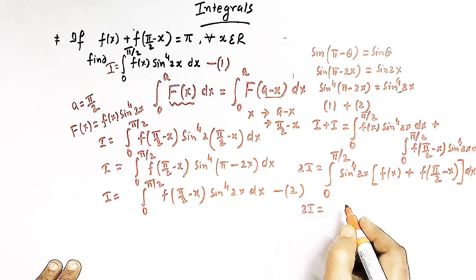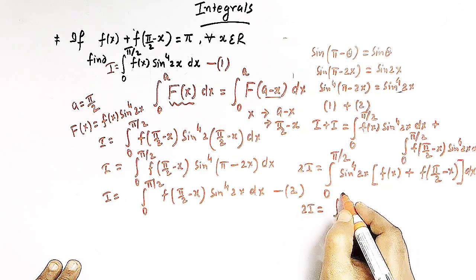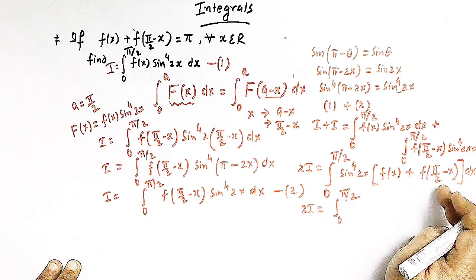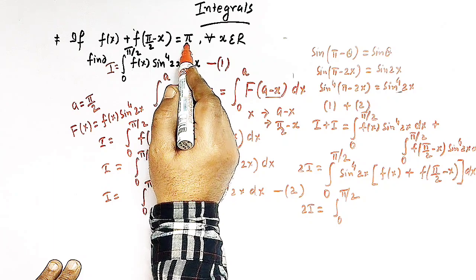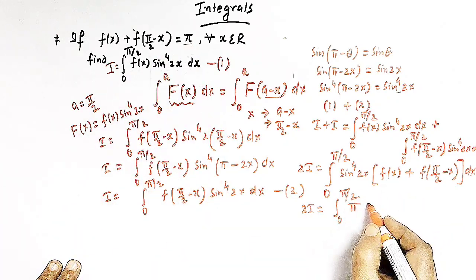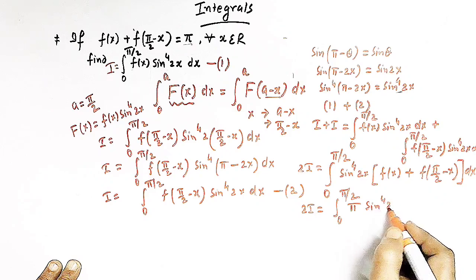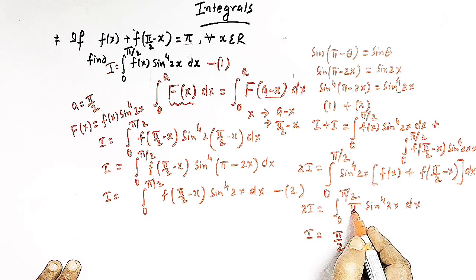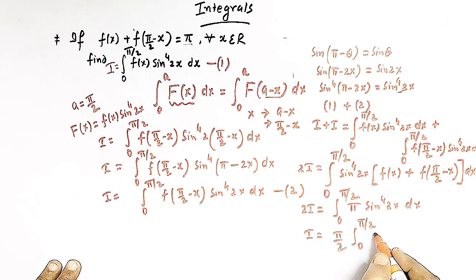So 2I is equal to 0 to pi by 2, and here f of x plus f of pi by 2 minus x is equal to pi, right? So we have here pi, so we have pi sine 4 2x dx, and we can now write I is equal to pi over 2, taking pi outside the integral, and we have 0 to pi by 2 and sine 4 2x dx, right?